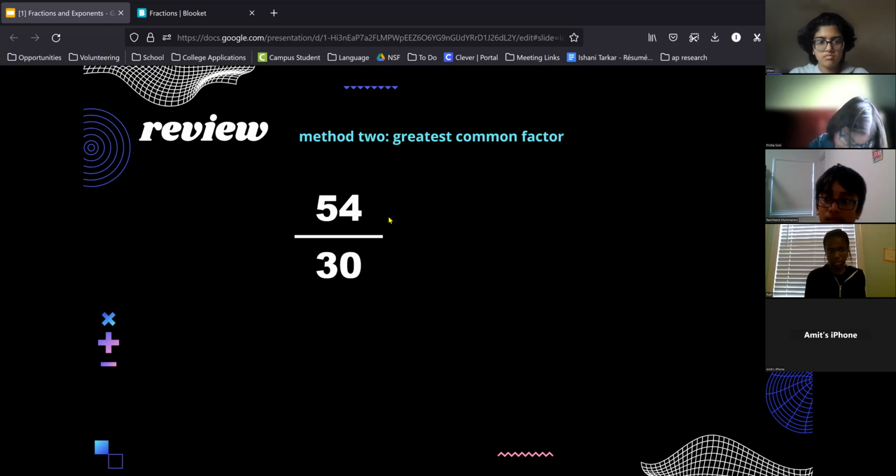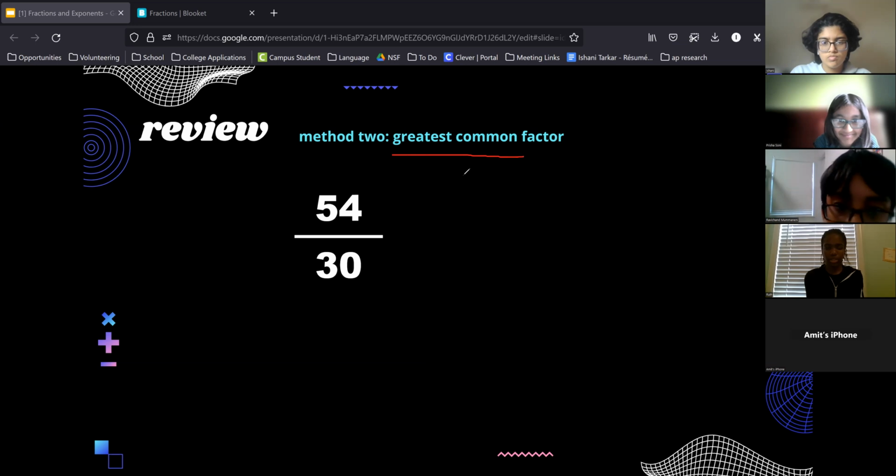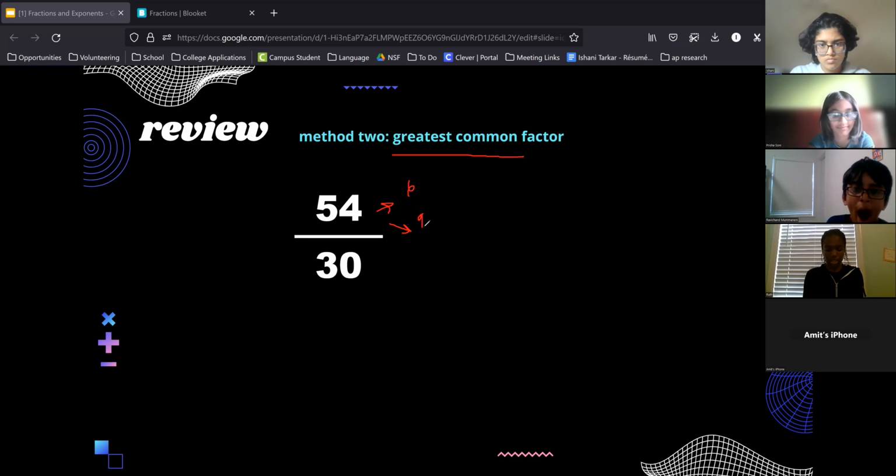Okay, the second method to simplifying fractions is to find the greatest common factor. Right here we have 54 and 30. To find the greatest common factor, you can split each number into its factors. For example, 54 could be split into 6 and 9, and 30 can be split into 6 and 5.